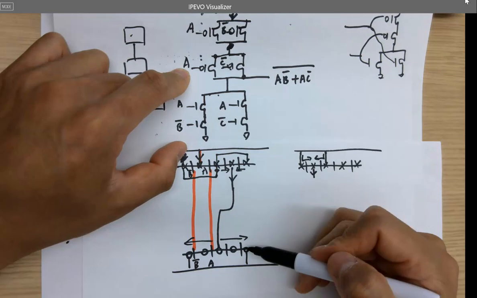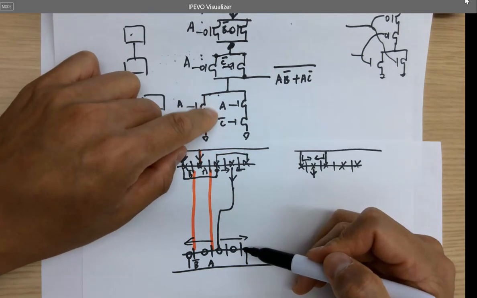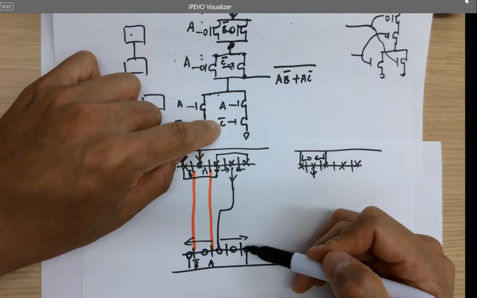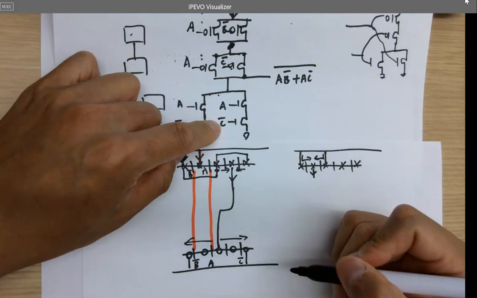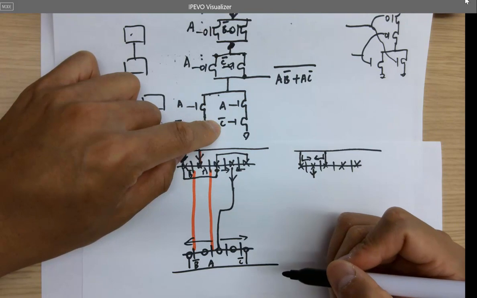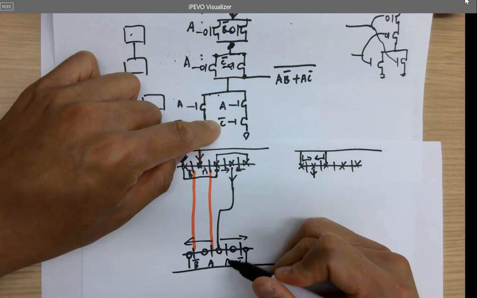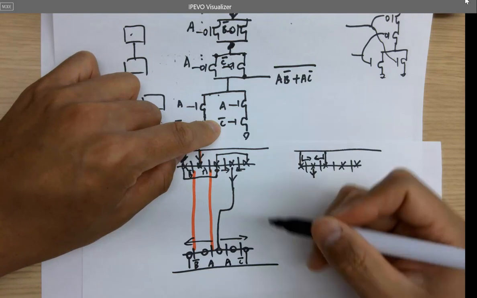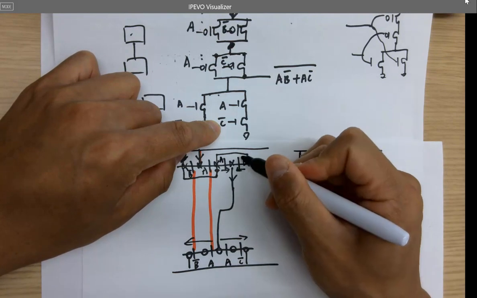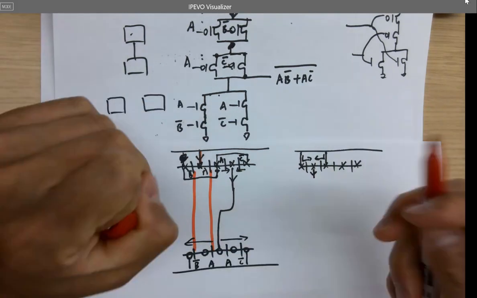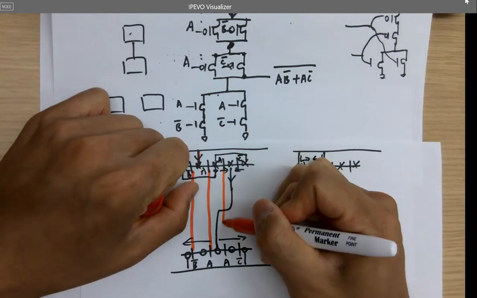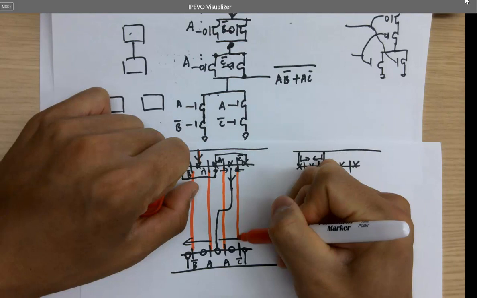But for here, it matters because C naught is closer to the ground, so this must be C naught. And this must be A. So this must be A, and this must be C naught. When you lay out the circuit, keep in mind, if you don't do that, it's not going to pass NCC.